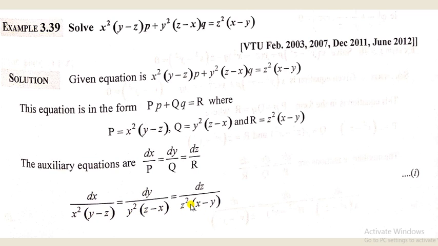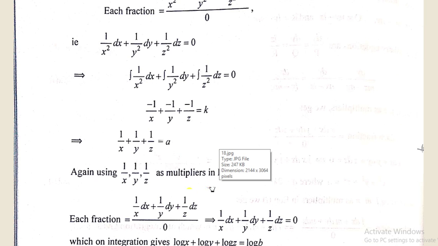And for the third term, z square divided by z, then zx minus zy. After adding xy minus xz plus yz minus yx plus zx minus zy, the denominator term is 0.